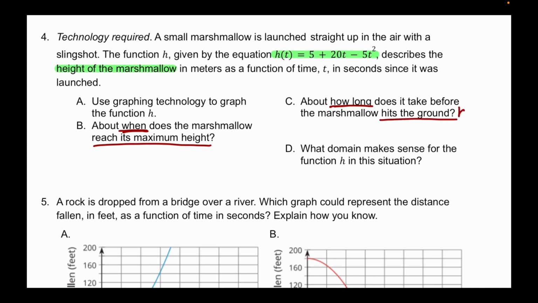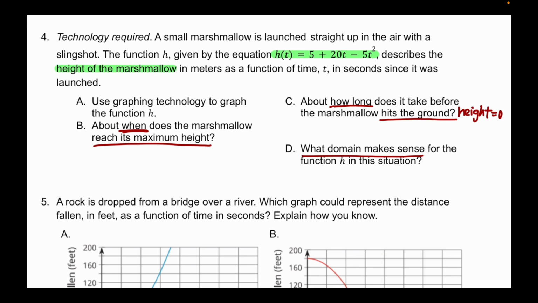This is when height is 0. And then what domain makes sense for the function in this? So that's what x values should we be using or looking at. So time for it to hit the ground.